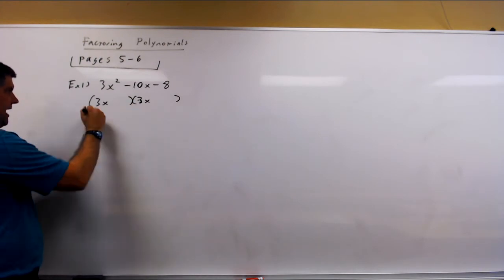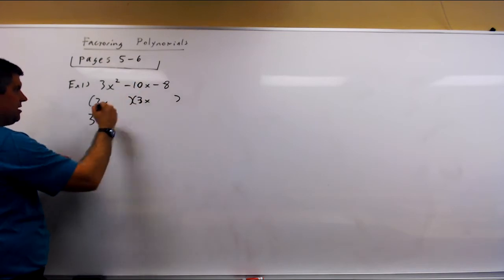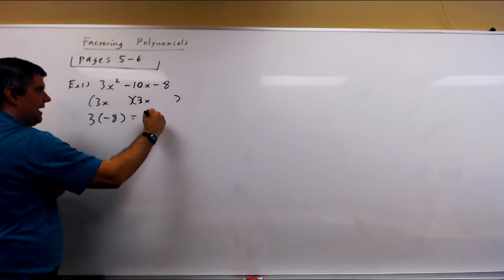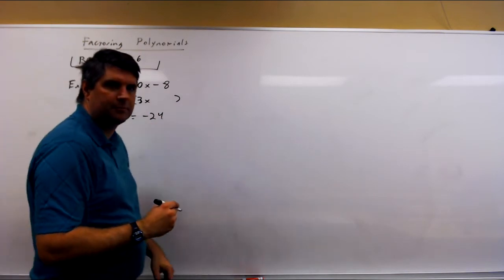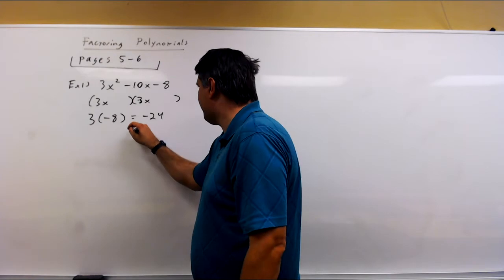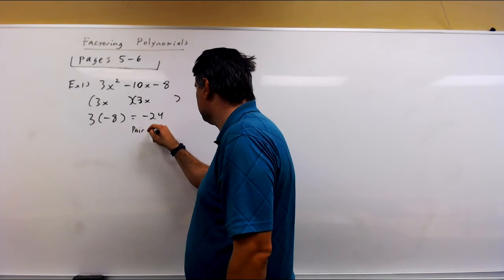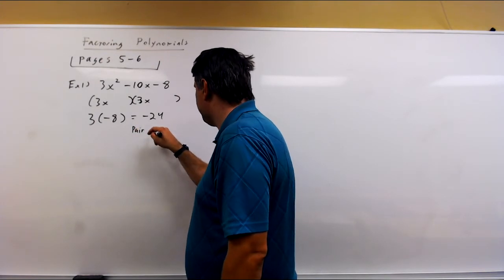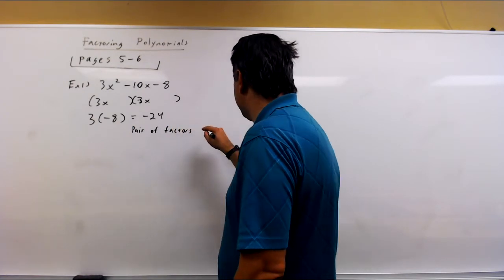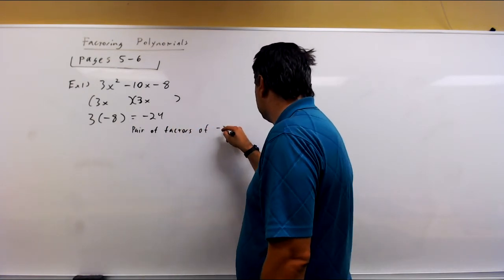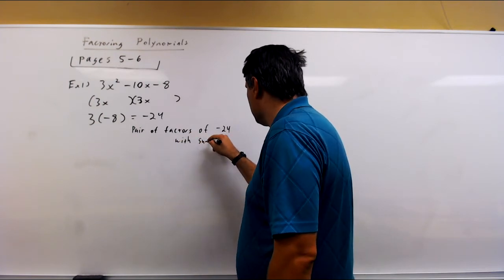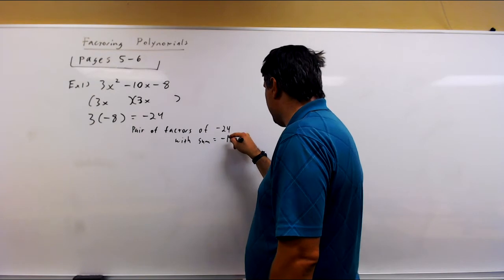Second step is to take the quadratic coefficient times the constant. That gives me negative 24. I need a pair of factors of negative 24 with sum that equals negative 10.